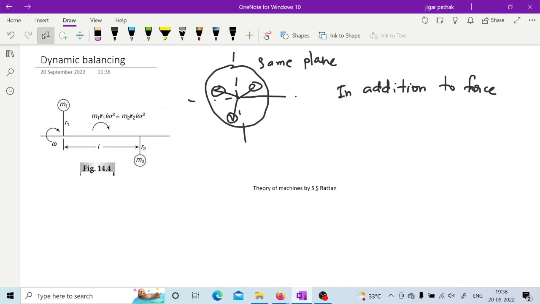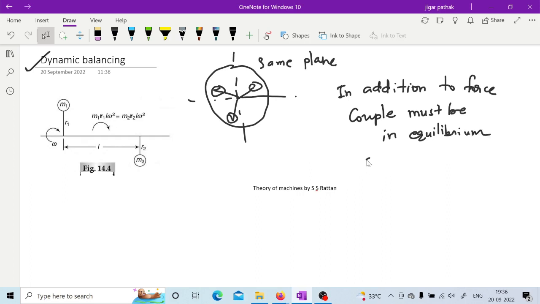Yeah, so in case of dynamic balancing, in addition to force, the couple generated because of this unbalanced force must also be in equilibrium, right? Then you can achieve dynamic balancing.